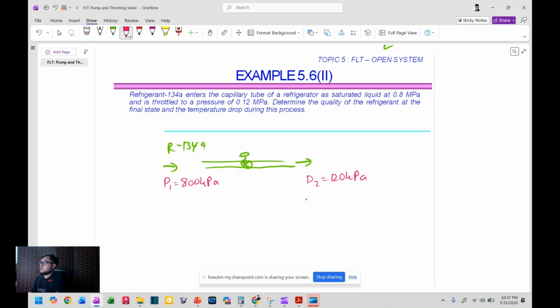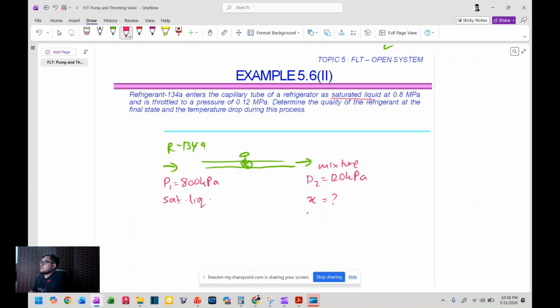That means we can safely say the final state is a mixture, a saturated liquid-vapor mixture, right? And the entrance is a saturated liquid. So this is a saturated liquid, and this is a mixture. Okay, great.